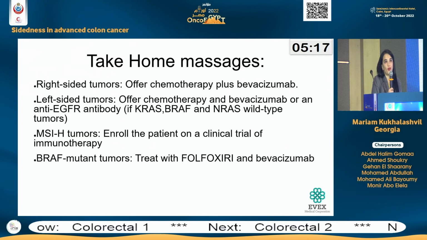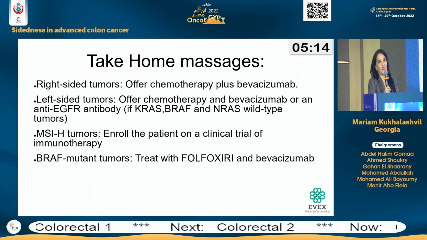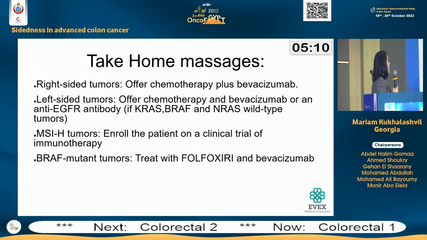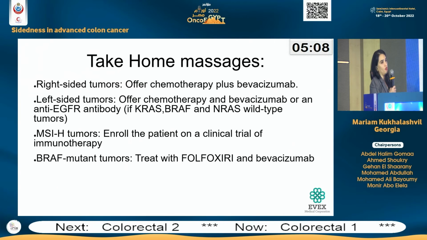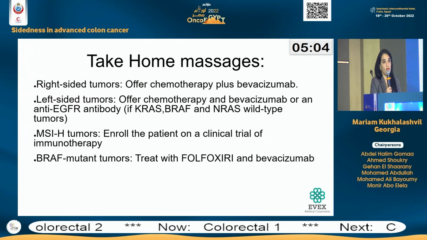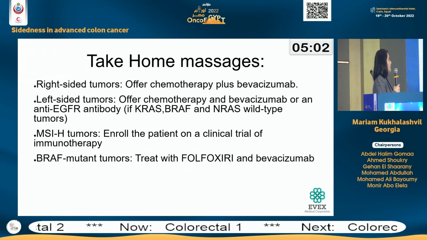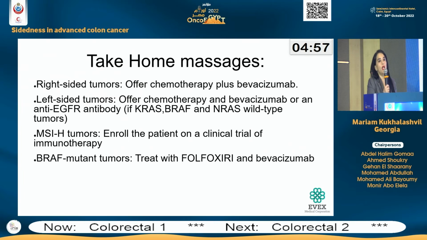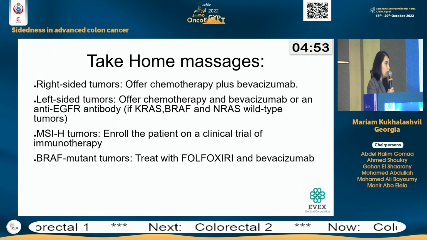In this conclusion, I want to summarize my talk and explain that a right-sided tumor should be offered treatment with chemotherapy plus bevacizumab. For a left-sided tumor, it's preferred to recommend EGFR inhibitor plus chemotherapy.